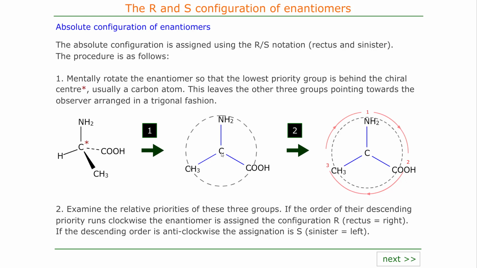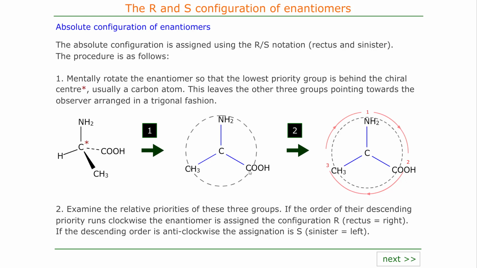And then what we'll see is we have 3 groups which we can effectively arrange in a circle. Now the highest priority group here is the amine group, because nitrogen's got an atomic number of 7. This is followed by the carbon of the carboxylate group, because carbon is followed by 2 oxygens.